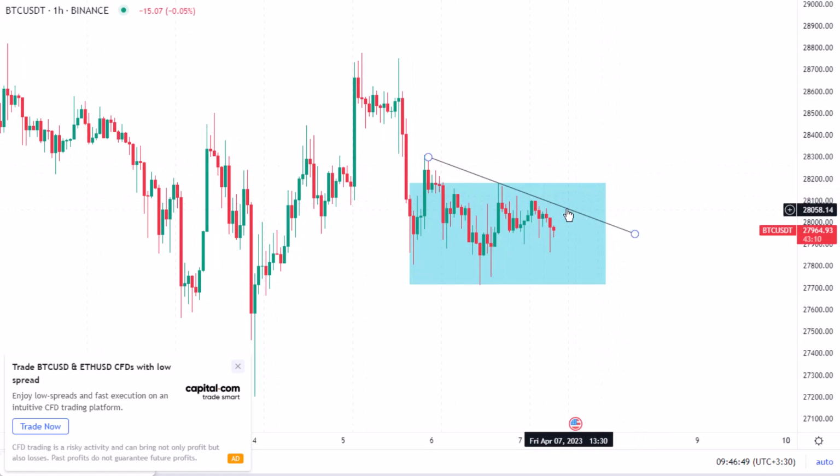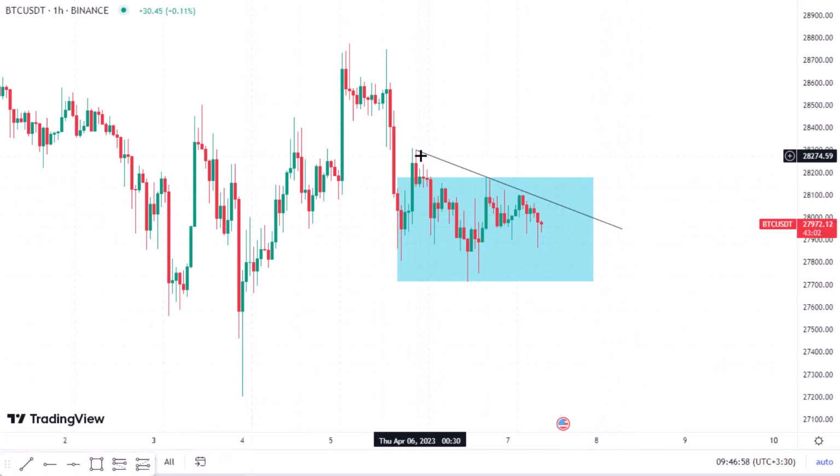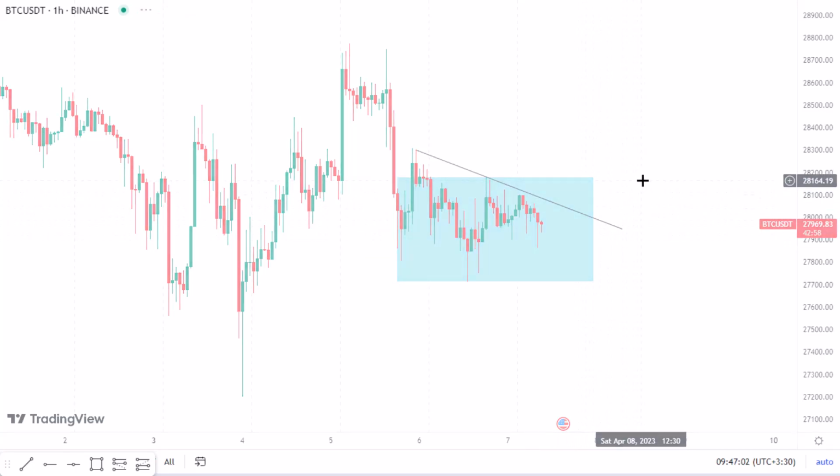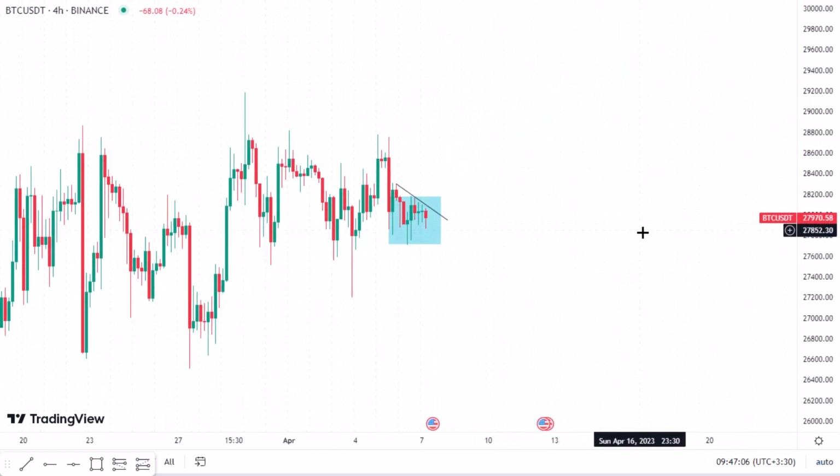Okay, if it is broken in the future somewhere here or even here, we can have some buy positions. But it has to be broken in this time frame, 1 hour or 4-hour time frame. Okay, and the body of the candle should be closed out of that trend line. In that case, we can go for a buy position and set our stop loss and look for our reward.